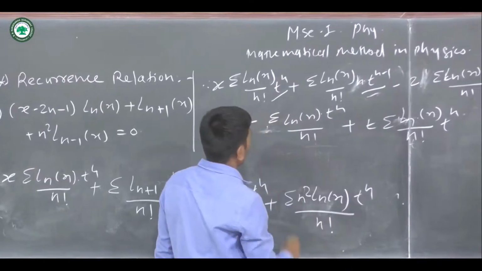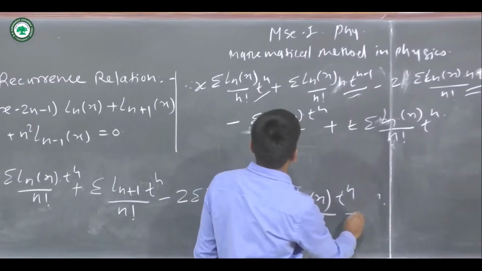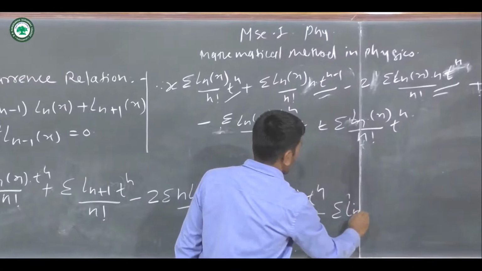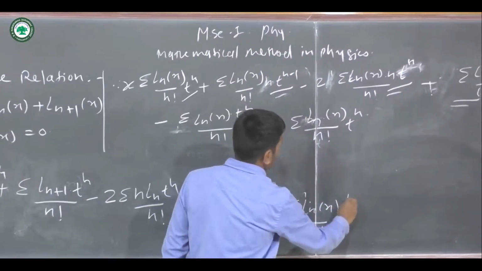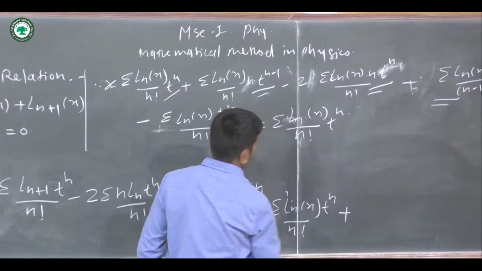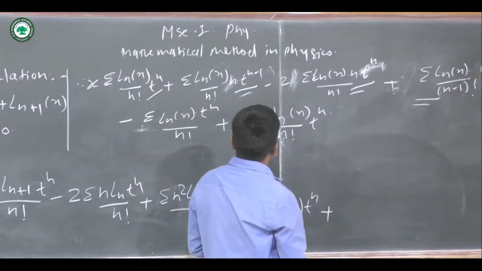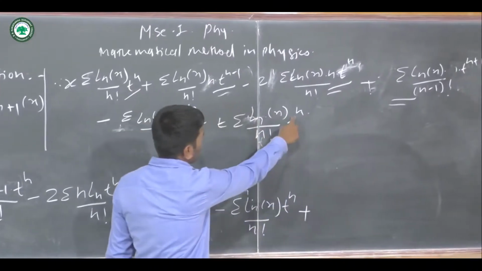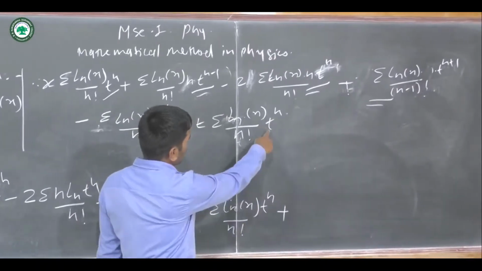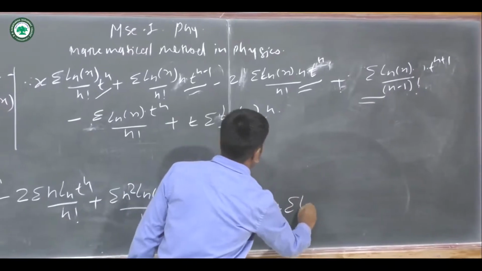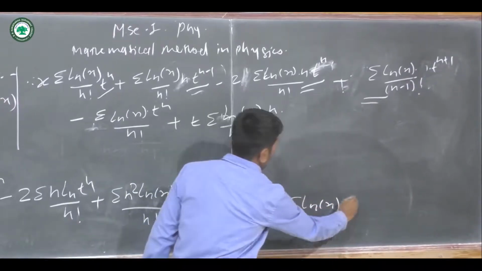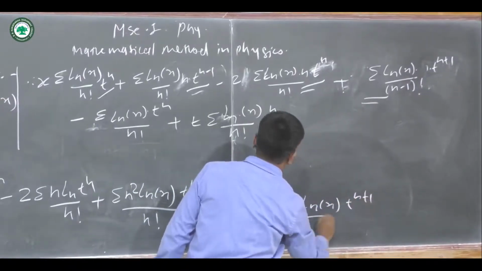And here minus the summation of L_n(x) divided by n! into t^n, plus t power 1 and here t power n, so n plus 1: the summation of L_n(x) t^(n+1) divided by n!.